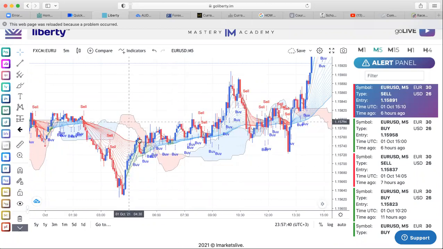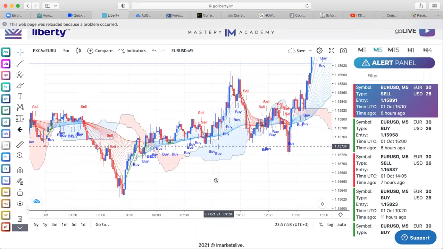Of course, the red clouds indicate that it's about going for a sell. But if you want to take it for a buy, the blue cloud should be below. As you can see here, the blue clouds are below. That's why you can see the market going up.